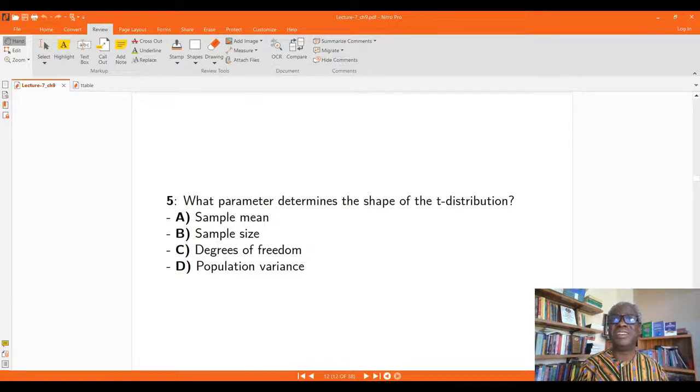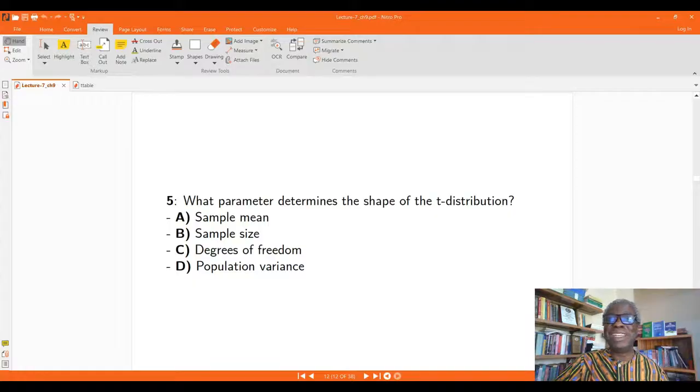The next question is, what parameter determines the shape of the distribution? I'll be very surprised if you get this one right. But you are very intelligent, so let me see what will come out of your intelligence.